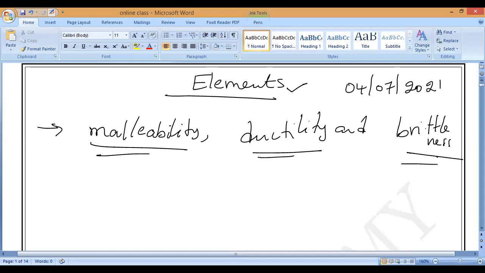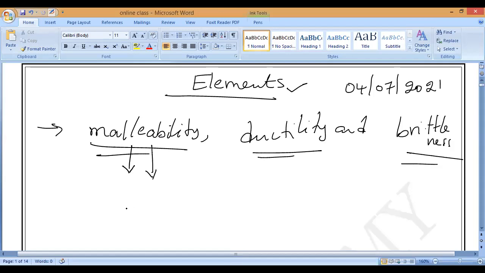So let us discuss malleability first. What is the meaning of malleability? If any kind of substance is beaten, the property of metals which allows the metal to be hammered or beaten into thin sheets without breaking is called malleability. Do you understand, all of you?